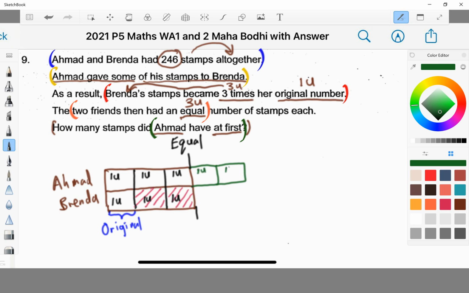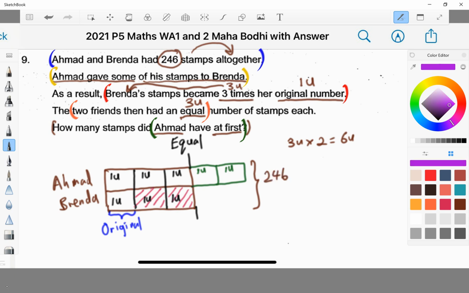And this shows that at first Ahmad must have 5 units and Brenda has 1 unit. And I know that I'm correct because in the end both of them have 3 units. We say that the total units is 6 units. So when I draw my model, I will also show that both Ahmad and Brenda had 246 stems altogether.